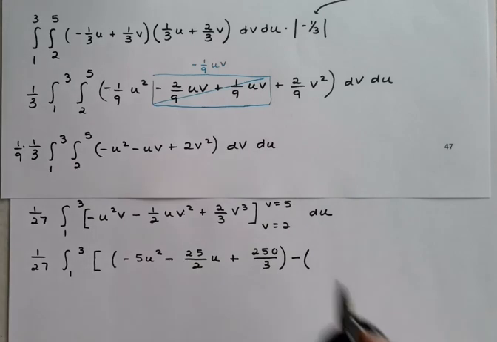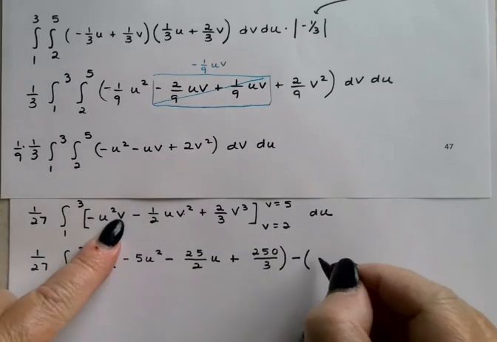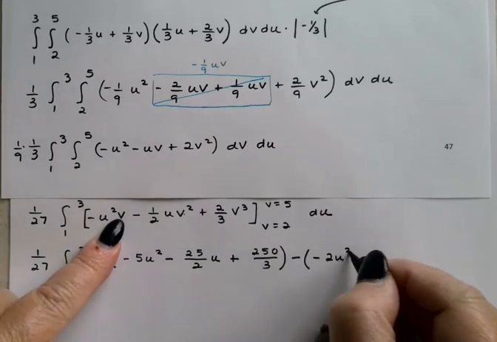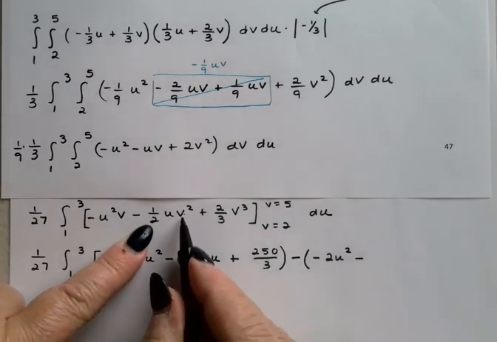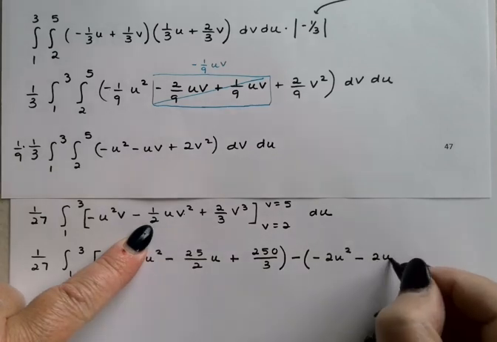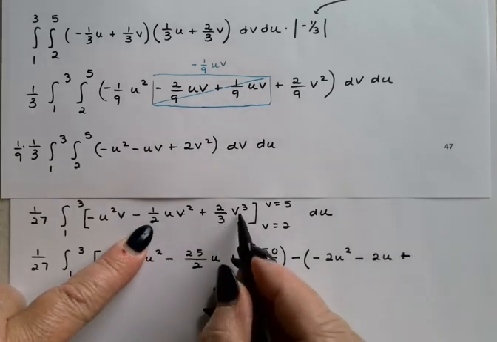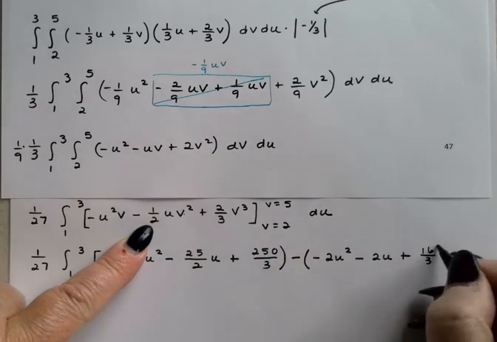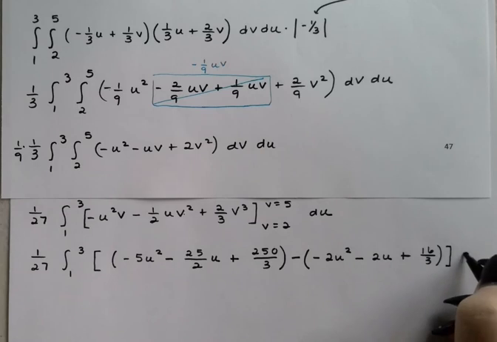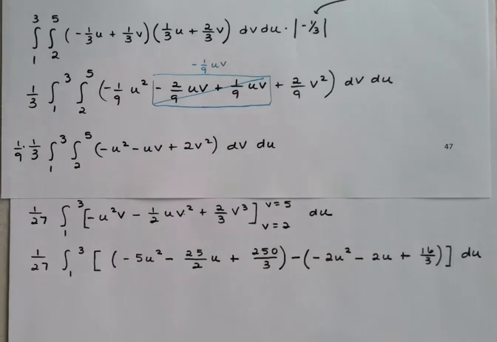Subtract. Plugging in v equals 2, a negative 2u squared, minus v squared is 4, so half of 4 would be 2u, plus v cubed is 8 times 2 is 16/3. And of course that still has to be integrated du.